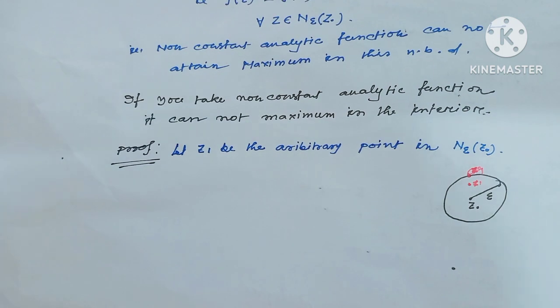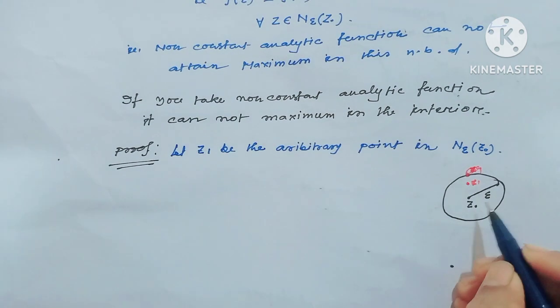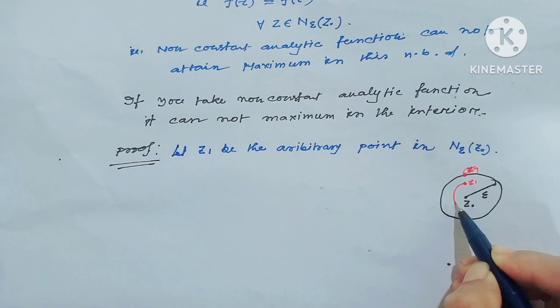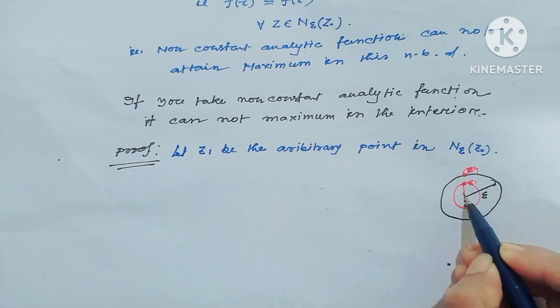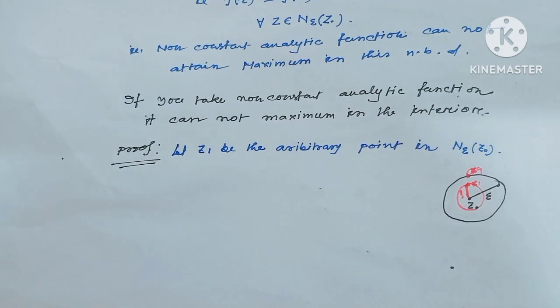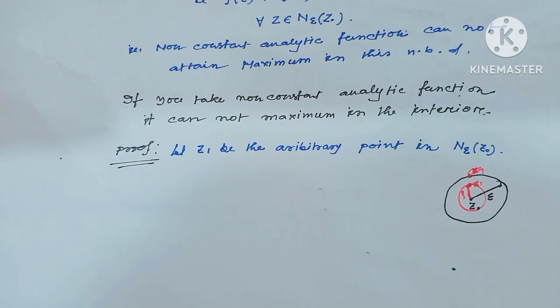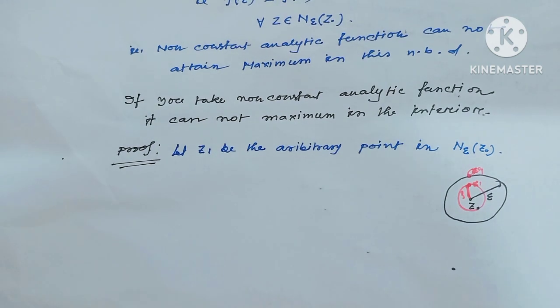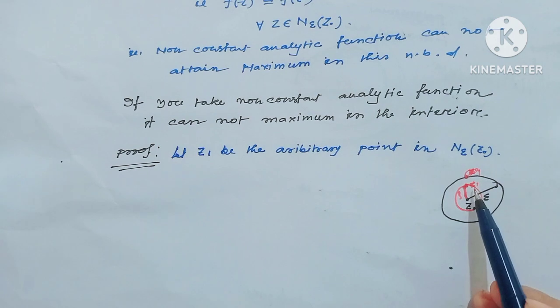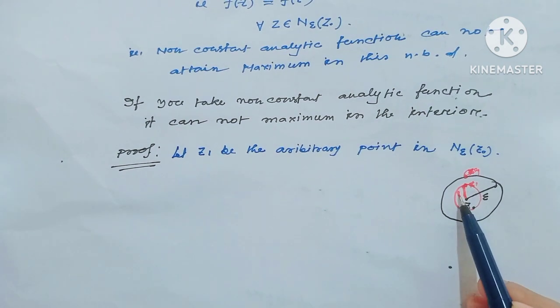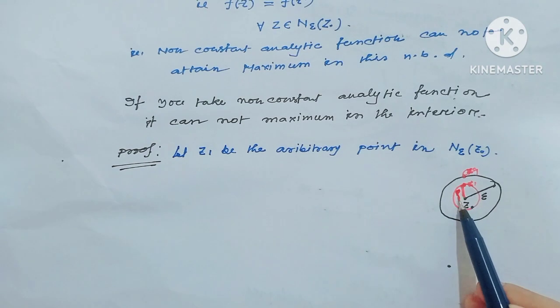Now draw a circle at z0 passing through z1. Have you understood? That means the distance, the absolute value of z0 minus z1, is, consider this rho.